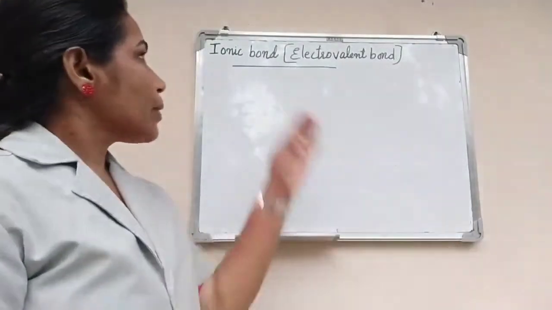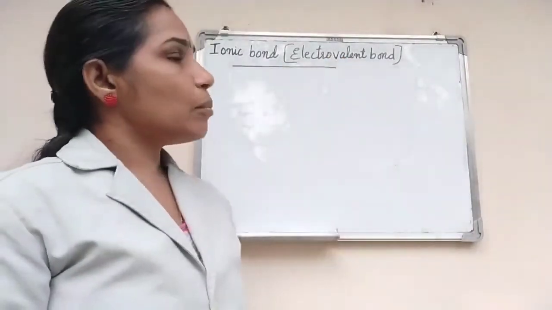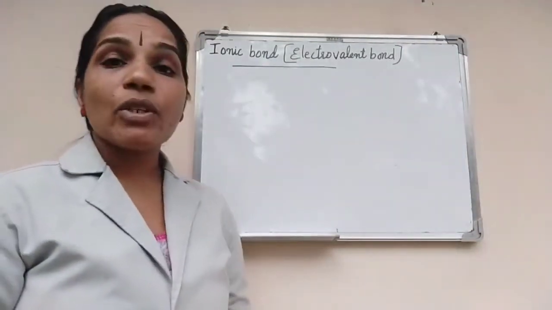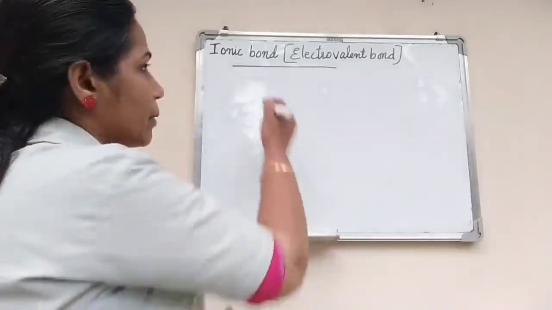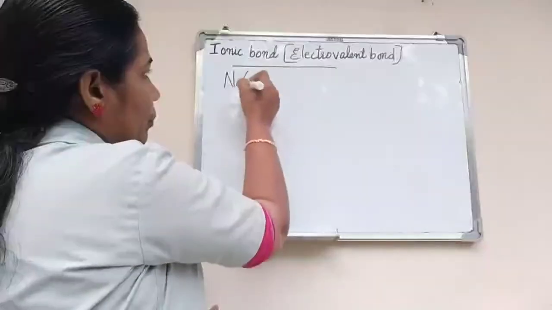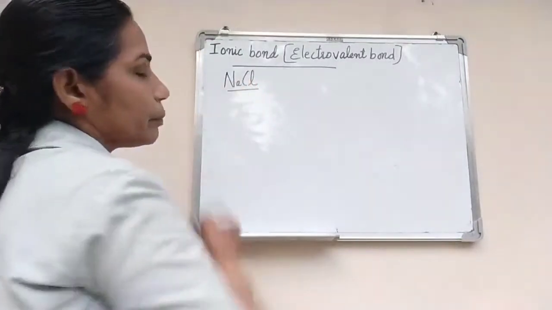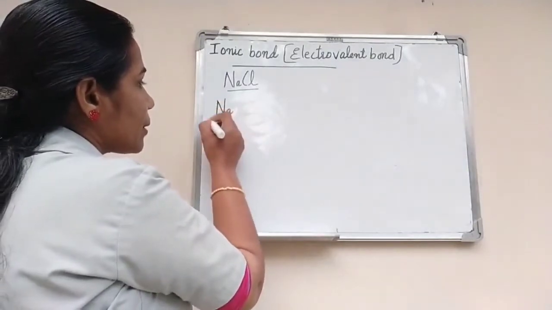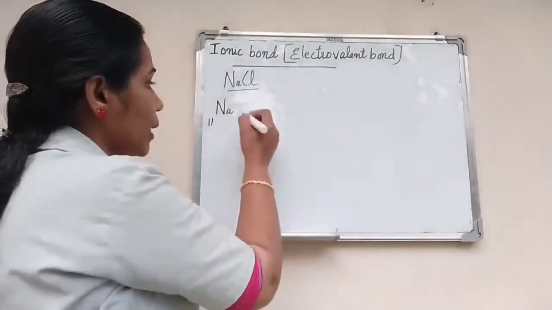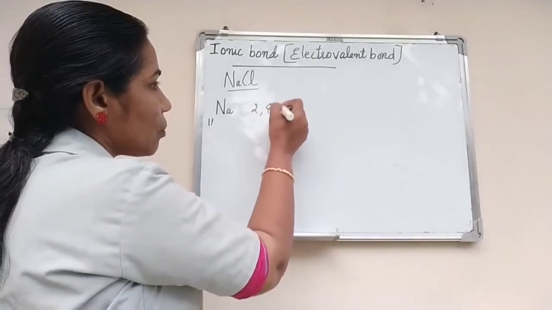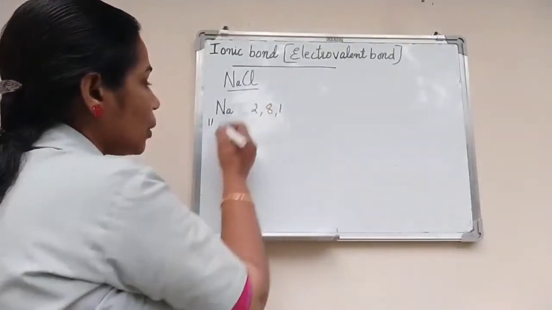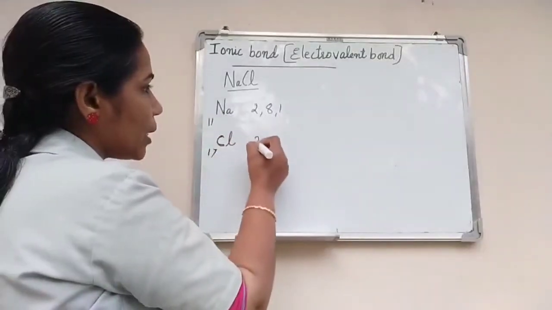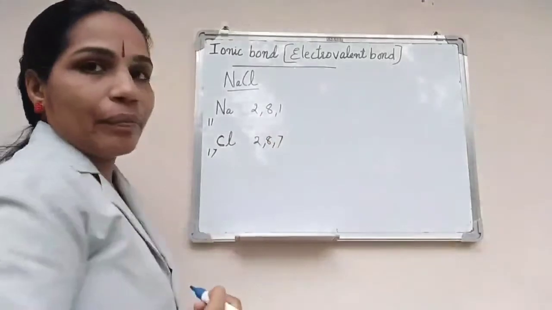Next topic is ionic bond or electrovalent bond. Consider the formation of sodium chloride. The atomic number of sodium is 11. Electronic configuration 2, 8, 1. Chlorine, atomic number 17, electronic configuration 2, 8, 7.